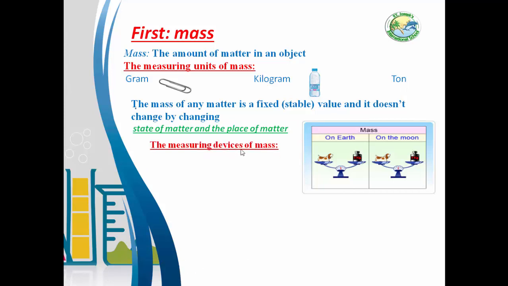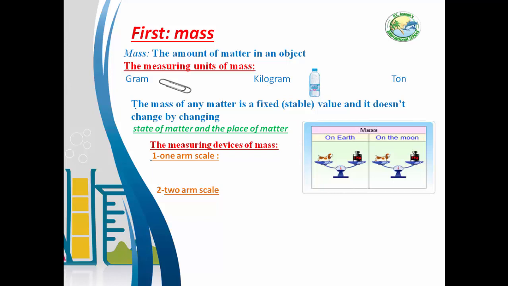What are the measuring devices of masses? We can say that mass is measured by different types of scales that can be classified into 1-arm scale and 2-arm scale.